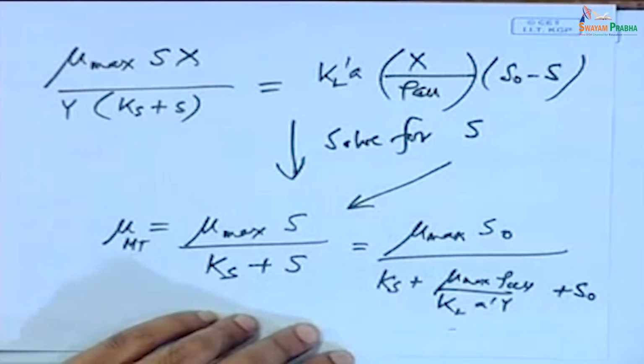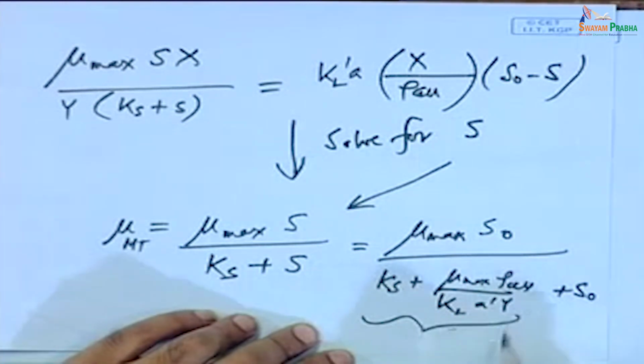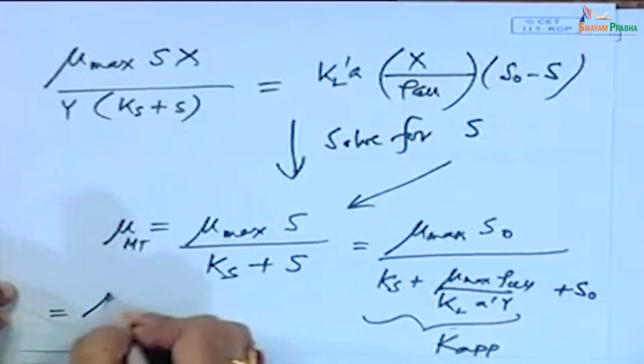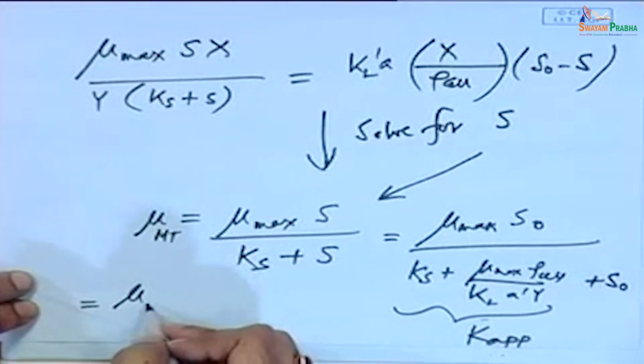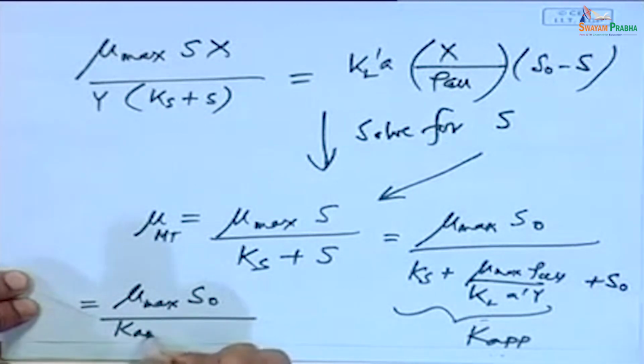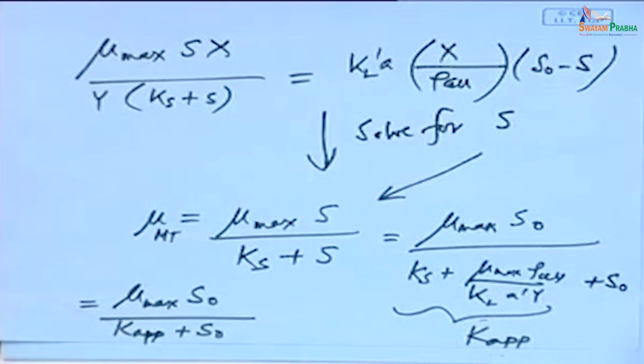How does this look? It looks similar to the monod model, except that if you call this K apparent, then this simply becomes mu max S naught over K apparent plus S naught. So this again looks like the monod growth model, but with a difference.